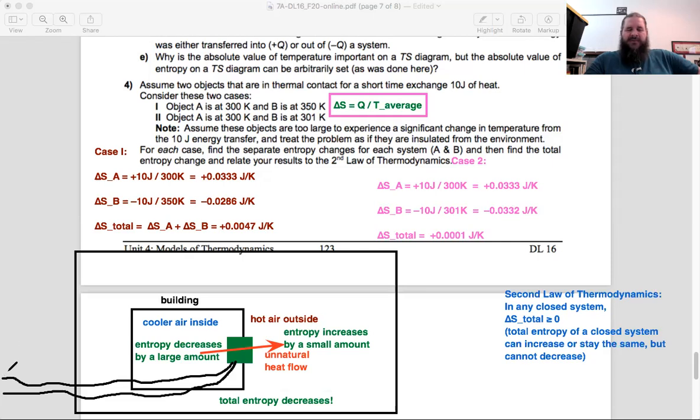And that increase in entropy at the power plant is much larger than the decrease in entropy involved with the air conditioner. So using something like an air conditioner to make heat flow in the opposite direction from natural is going to decrease entropy locally, but it's got to be balanced out by an even larger increase in entropy somewhere else. So the total entropy of the universe is increasing as a result of this interaction.